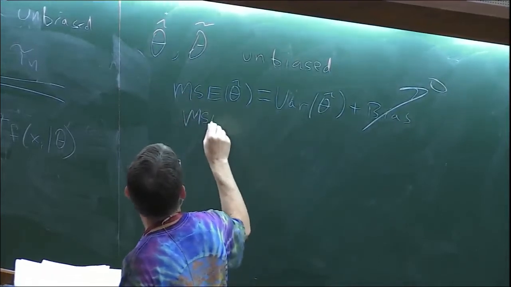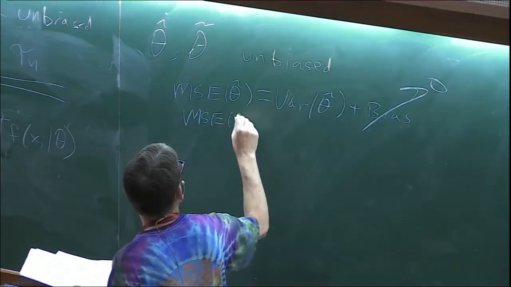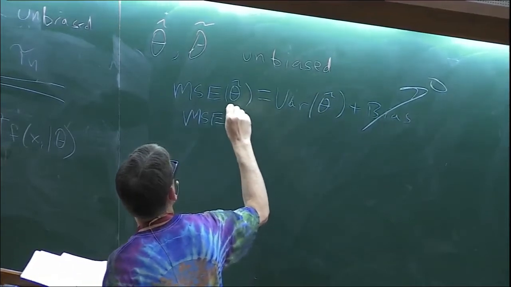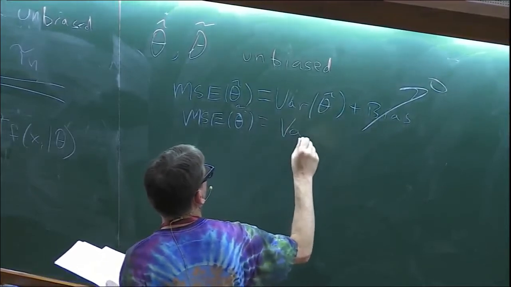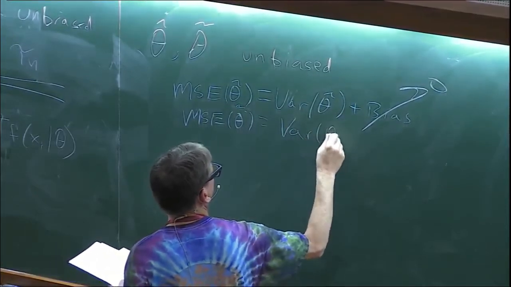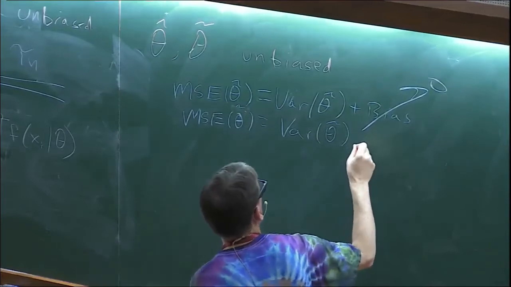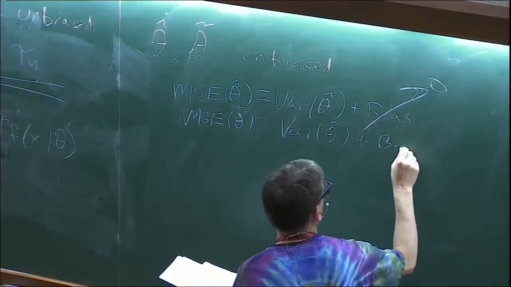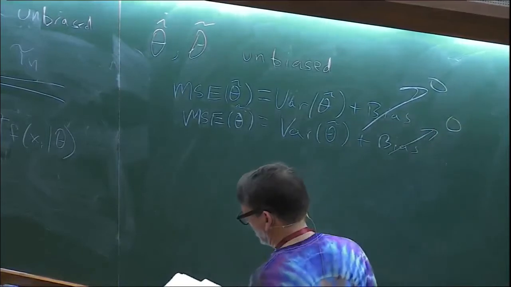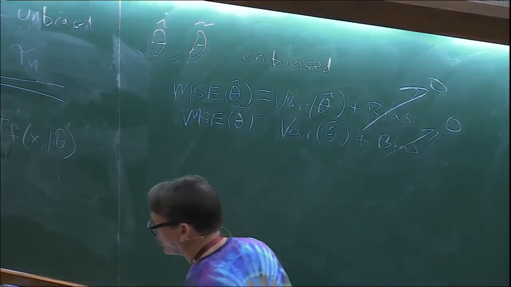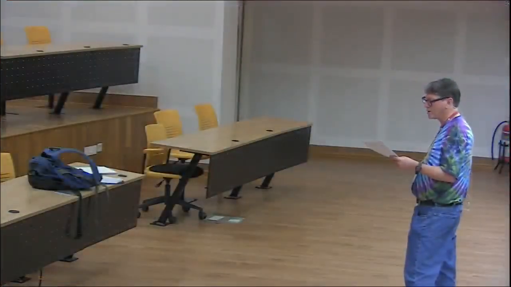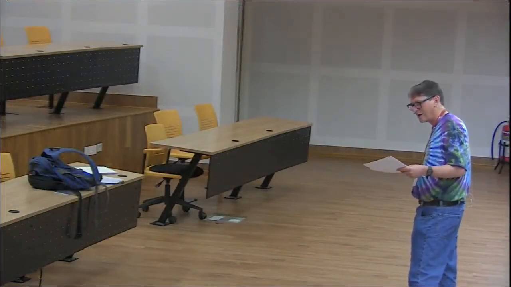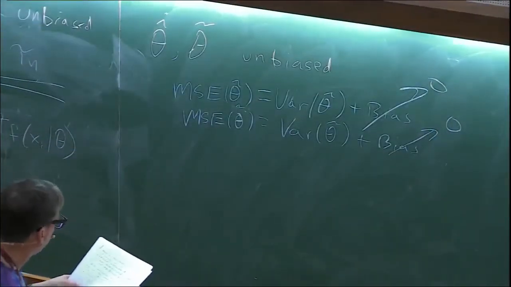Similarly, the MSE of theta tilde is simply going to be the variance of theta tilde, because the bias, again, goes to 0. Both estimators are conditioned against the same data, and so essentially we're going to prefer theta hat if it has a smaller variance than theta tilde.